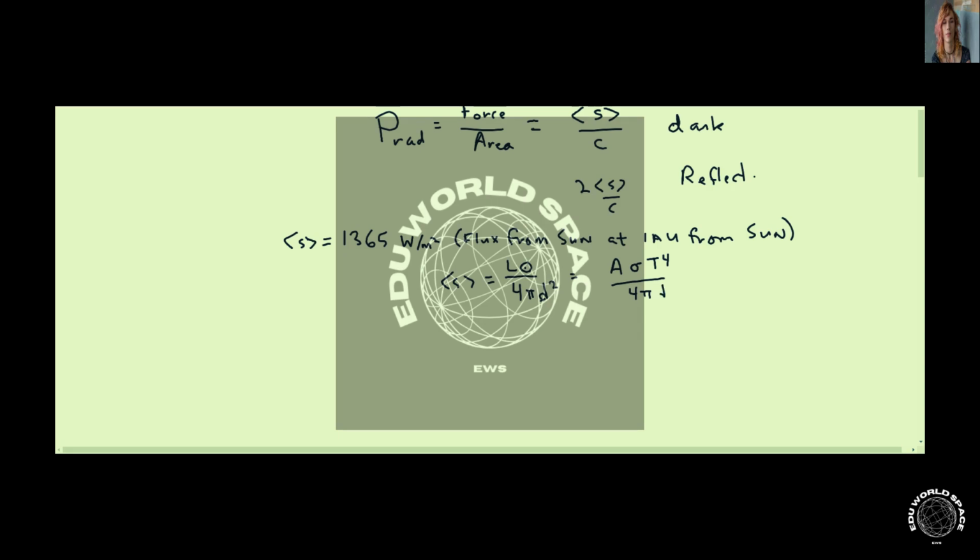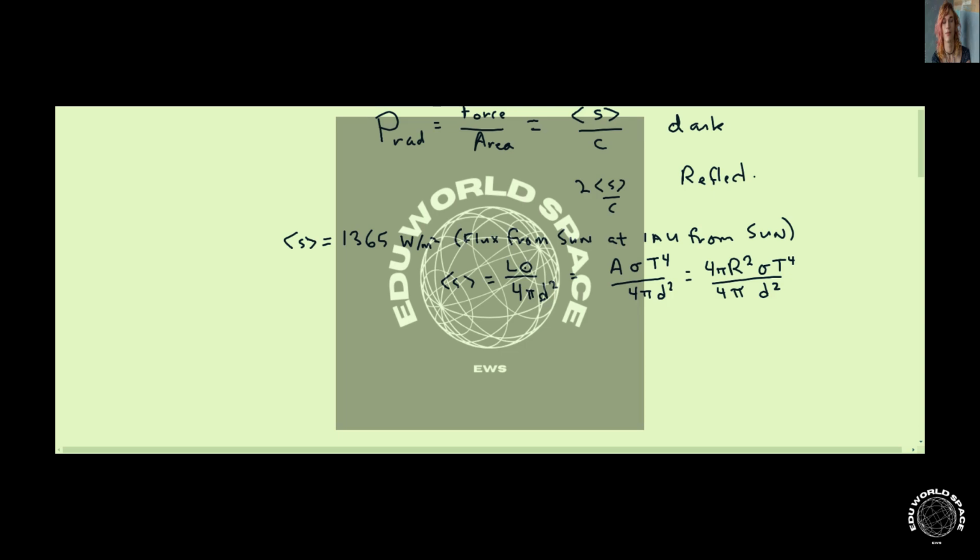And of course, the area of the sun is 4 pi times its radius squared. And that surface area through which all that energy radiates gets larger and larger as you get further away. And this is why you have an inverse square law.